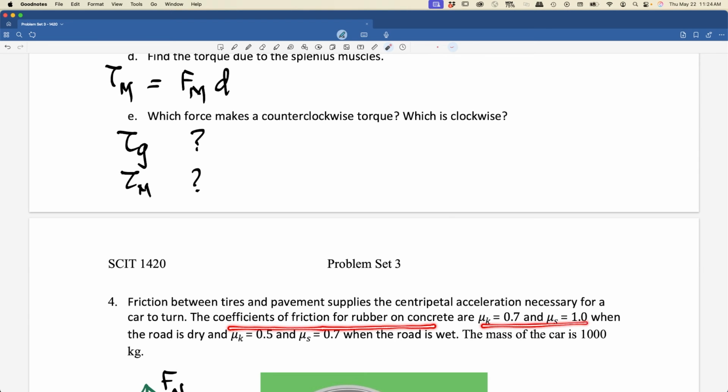You're given 2 values. One is the coefficient of kinetic friction. The other is the coefficient of static friction. And that's when the road is dry, and then you also have it when the road is wet. The mass of the car is 1,000 kilograms.